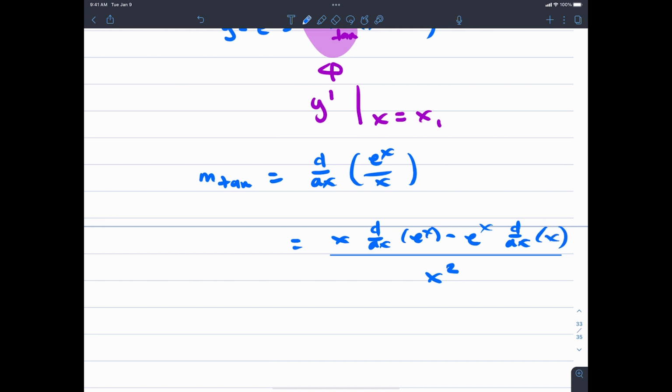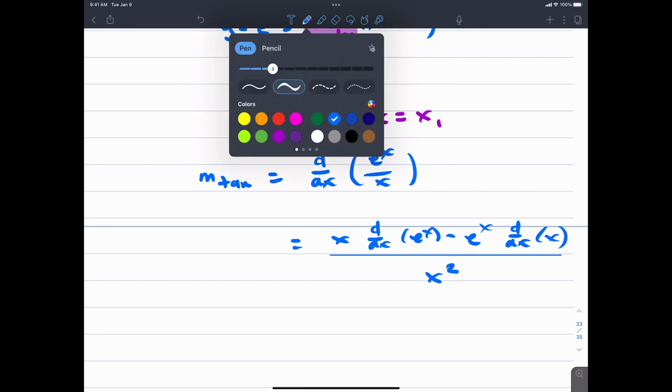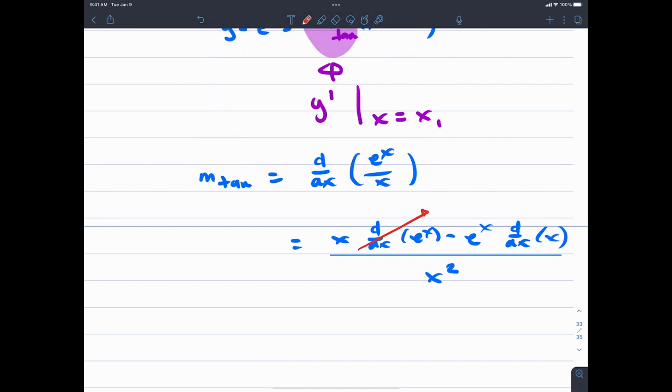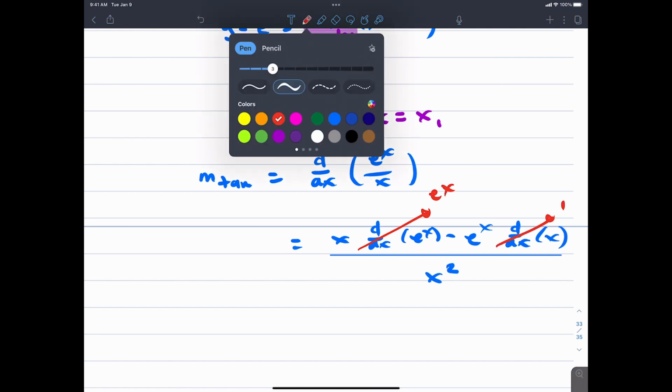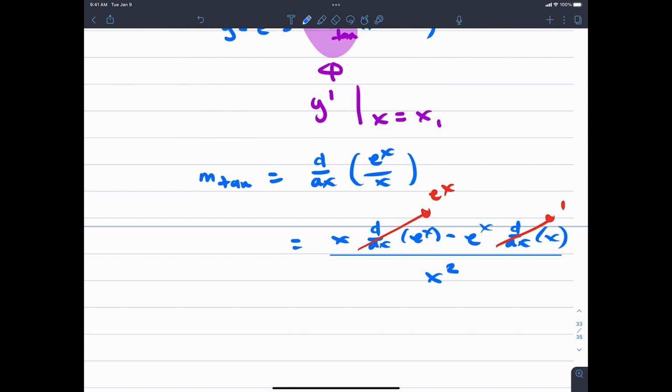Quotient rule. I know the derivative of e to the x is e to the x, and the derivative of x is 1. So m tangent is x e to the x minus e to the x, over x squared.